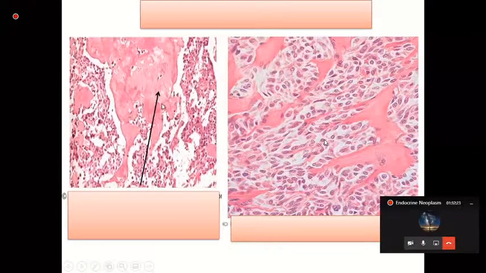Okay, you can see this is a tumor. So what is this, which is eosinophilic, structureless, extracellular? Connective tissue? I don't think it's connective tissue. This is amyloid, actually. This is the neoplastic cells, see?